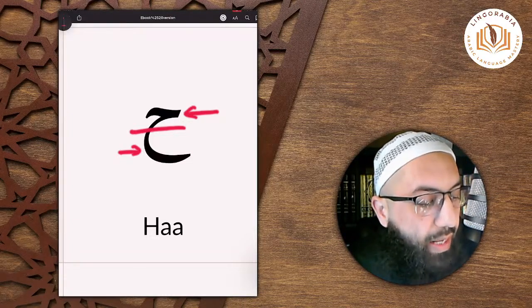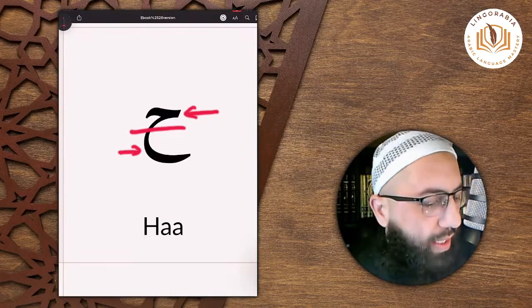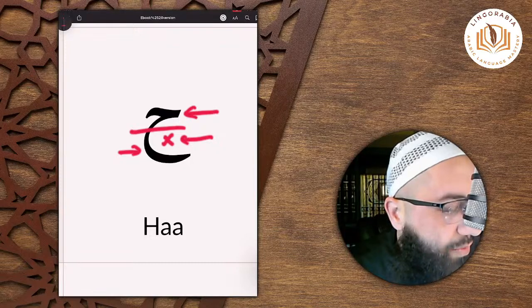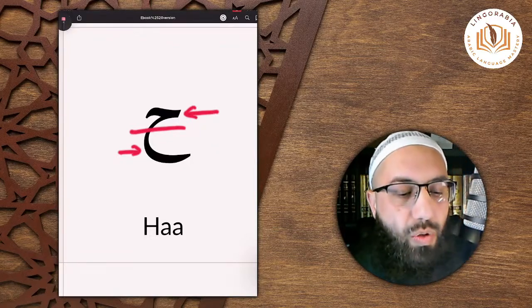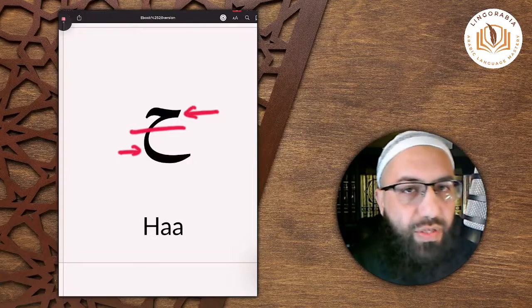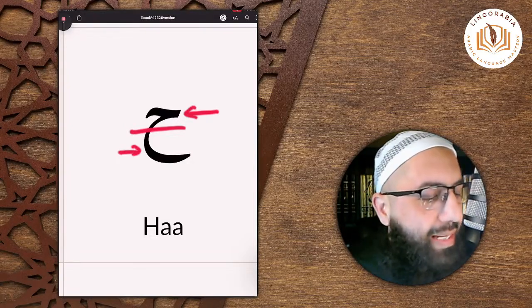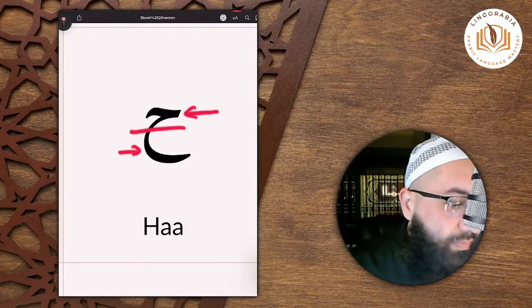The upper part and the bottom part are similar to Jim, but there is no dot in the middle. The Jim has a dot in the middle, and the Ha has no dot in the middle. That's how we differentiate between these letters.